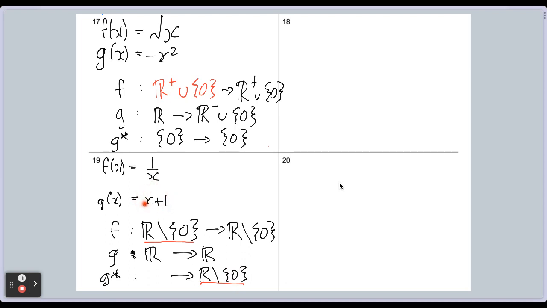The output is 0 when x equals minus 1, right? Minus 1 plus 1 is 0. Everything else is legit. And so we can say that the domain has to be all real numbers except for minus 1. So this is G star, the new function of G with a restricted domain. Yeah? Kind of? Getting there? Okay. So like I said, I'll stop the video.